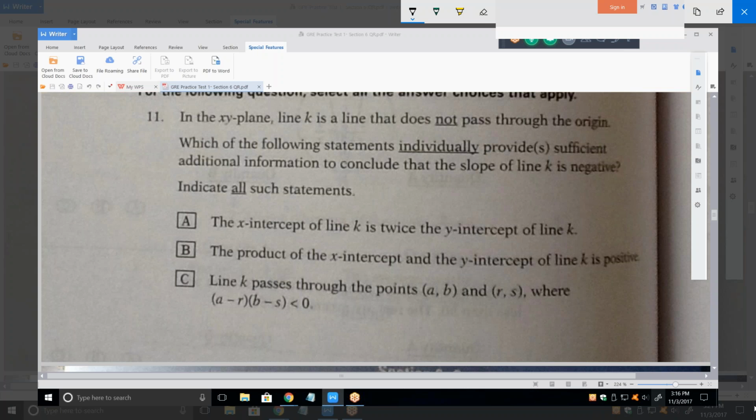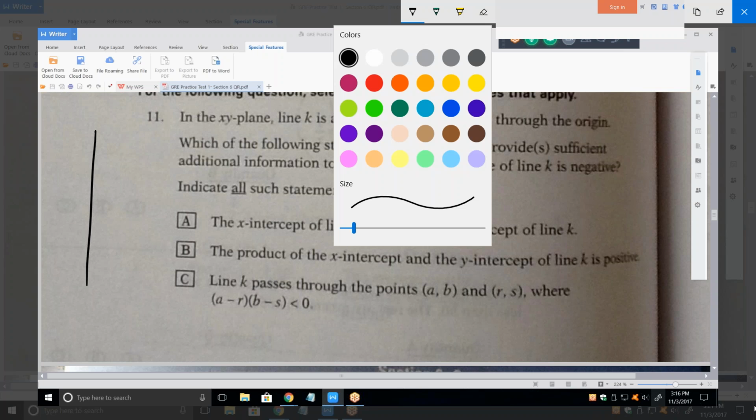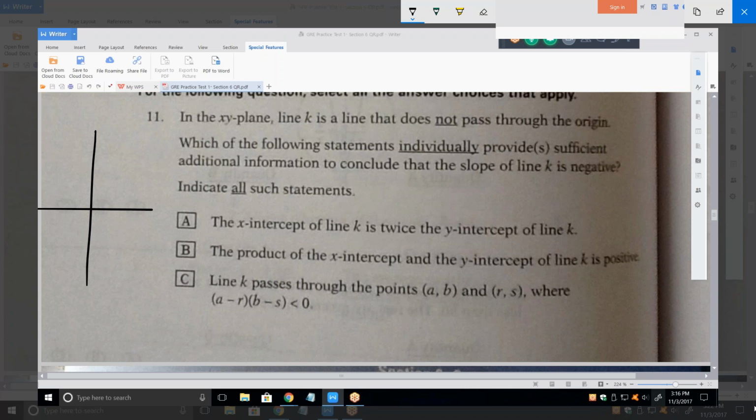Alright, so this next one, 11, is a little tricky. First of all, let me make sure you understand positive slopes and negative slopes. Tell me which of these are positive and which are negative.